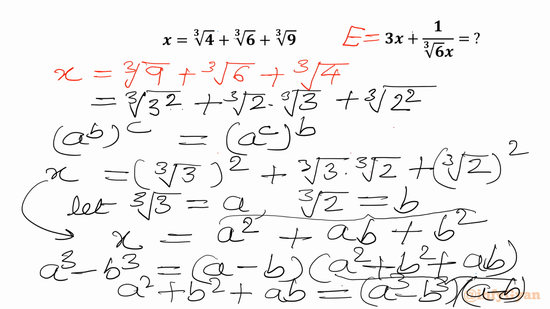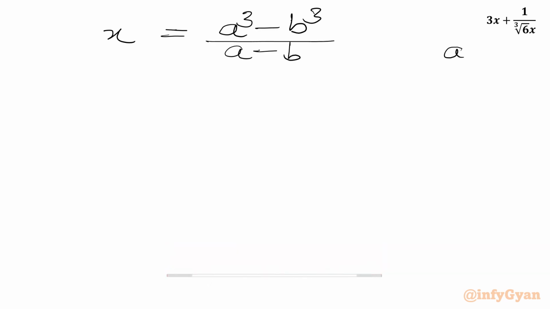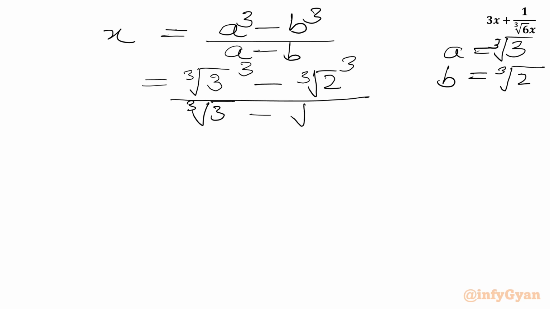Let's write x is equal to (a cube minus b cube) over (a minus b). A was cube root 3, b was cube root 2. So I can write here (cube root 3) whole cube minus (cube root 2) whole cube over cube root 3 minus cube root 2.